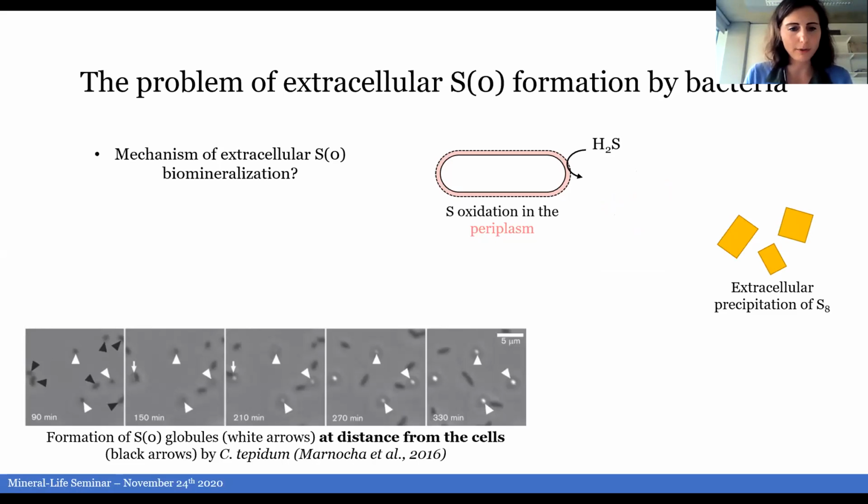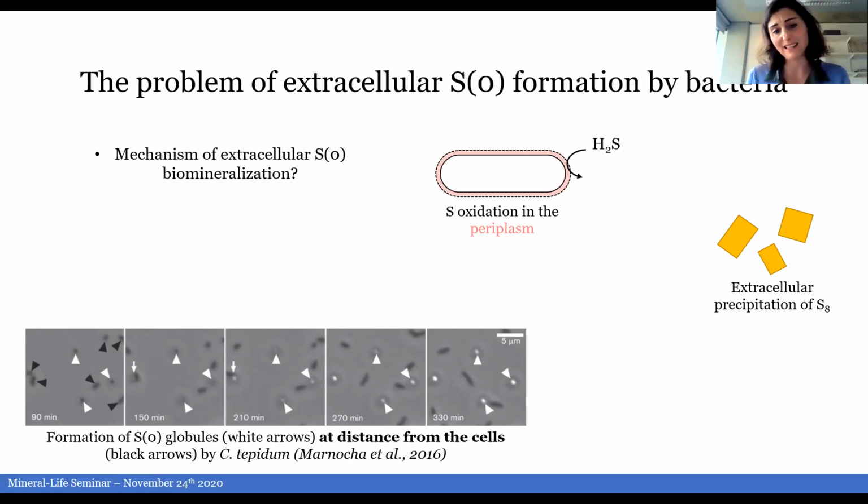It has been shown by time-lapse imaging by Cassie Barnocha in Clara Chan's lab, where here you have a series of time-lapse images with microbial cells of a sulfur-oxidizer, C. tepidum. They are shown by the black arrows. And this microbe is precipitating extracellular sulfur globules, shown by the white arrows.